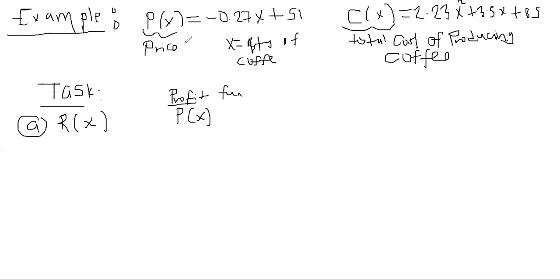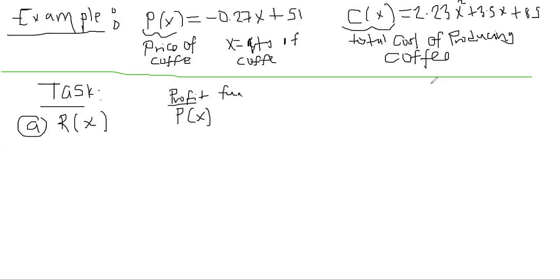So this is the price of coffee. So they said using these two pieces of information, let's calculate or derive revenue function and profit function. There is a second question, but we will look at that after deriving revenue and profit function.